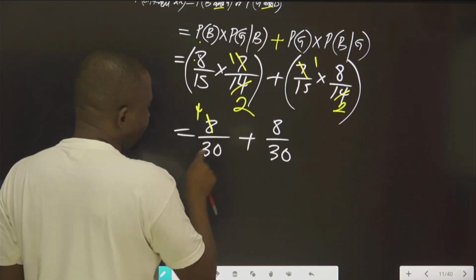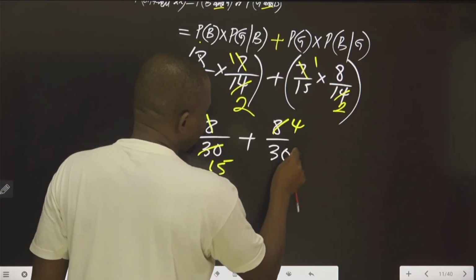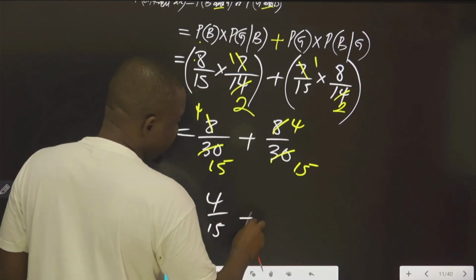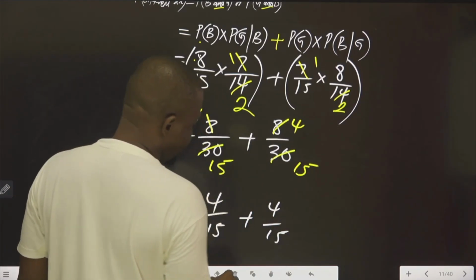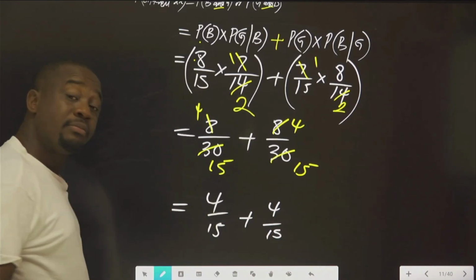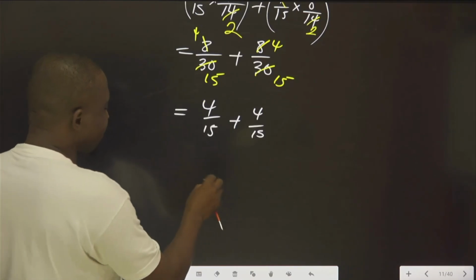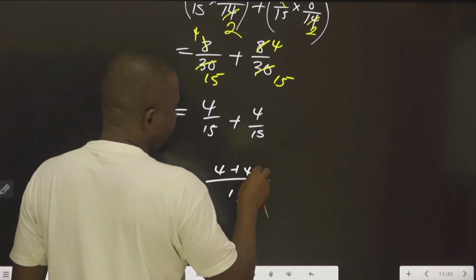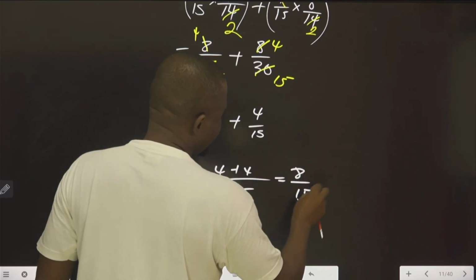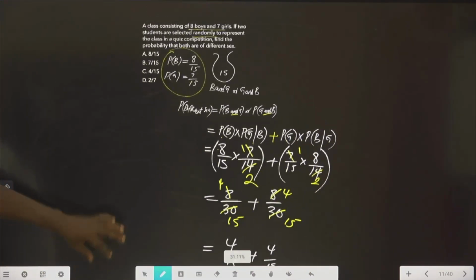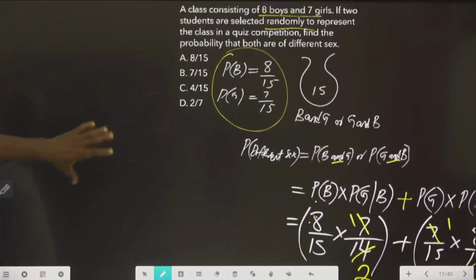This is 4, this is 15, this is 4, this is 15. That is 4 over 15 plus 4 over 15. Okay? You agree that this is 15, 4 plus 4 equals 8 over 15. Now, you come here, see that the answer is A.